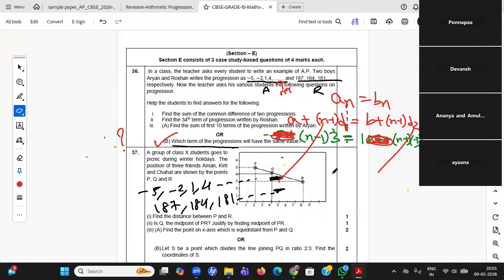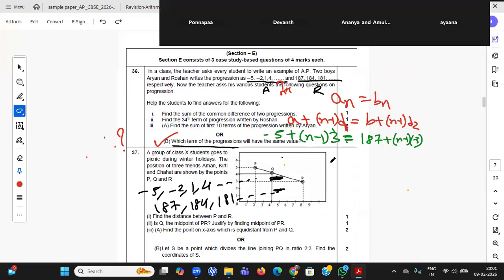Even if there's a long addition, we do cancel, right? Yes. So here, even though minus 5 and 187 are there, if n were any other number, can we cancel? Here we need n, so if we cancel it, it won't make sense.